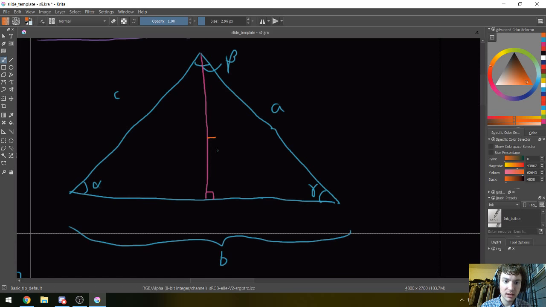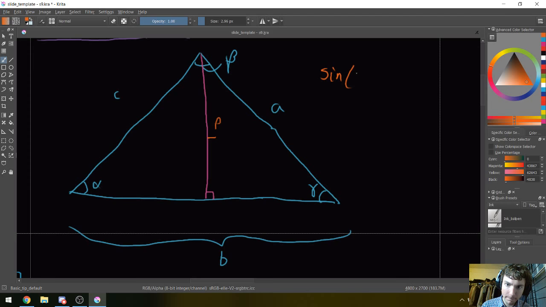To start, if we look at this right triangle on the right side, what is the length of the pink line segment in terms of, say, A and gamma? Or even to start, I'll ask an easier question. If the pink thing has length P, what is the sine of gamma?